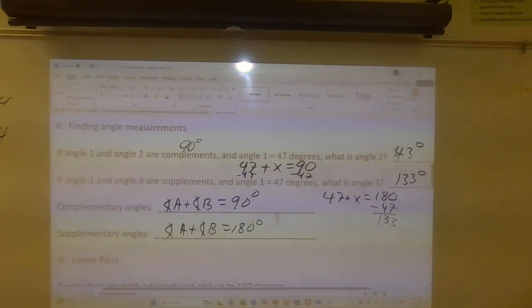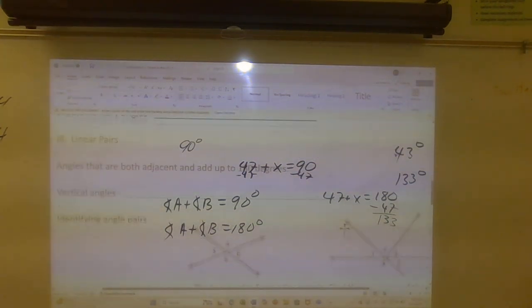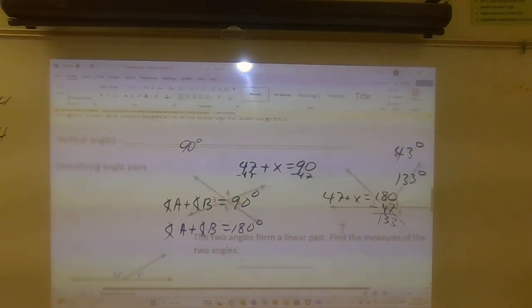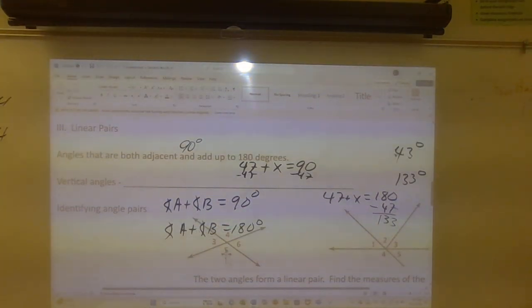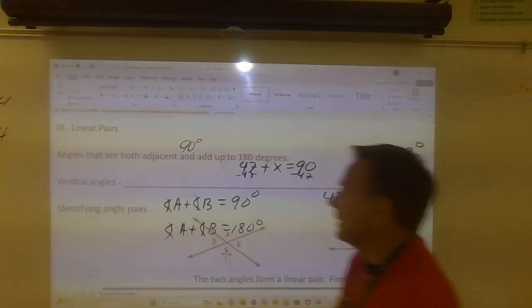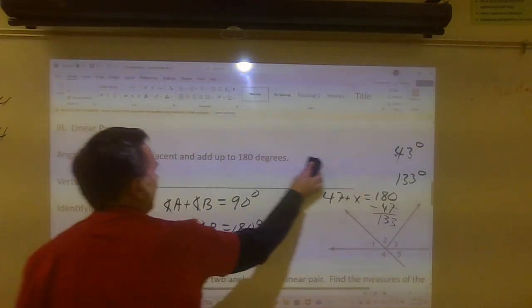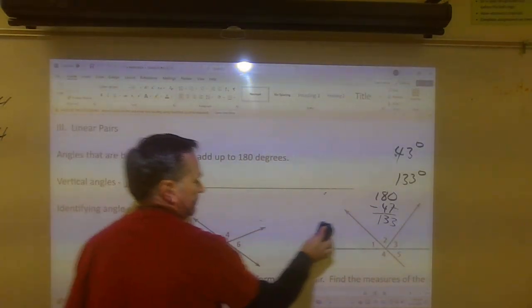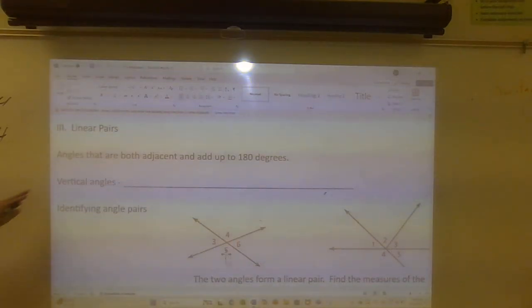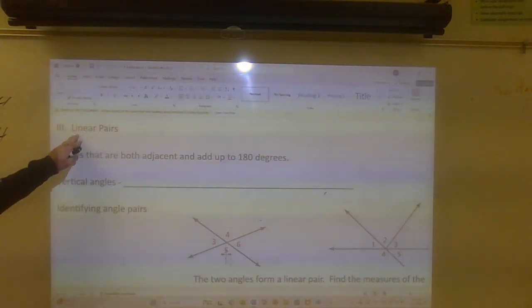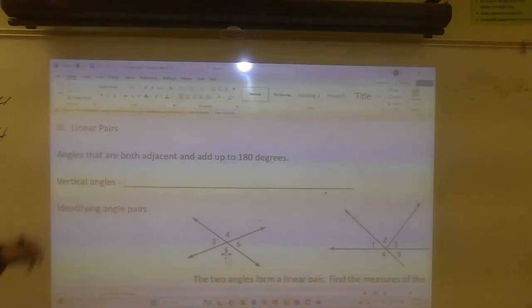Now I want to look at linear pairs. In a linear pair, we have two angles that make up a line. Just what the two words mean. They make up a line. Angles that are both adjacent and add up to 180 degrees.